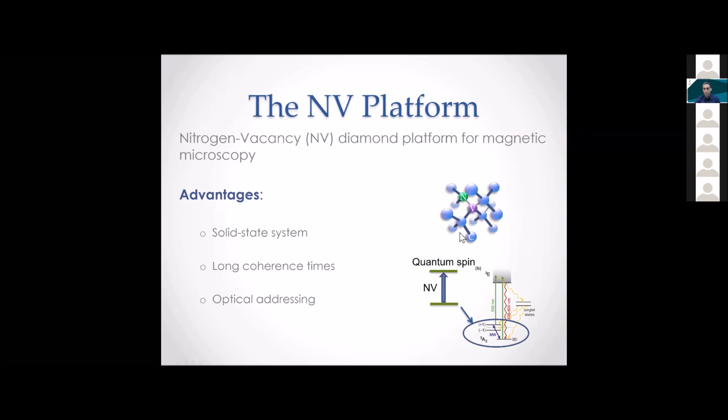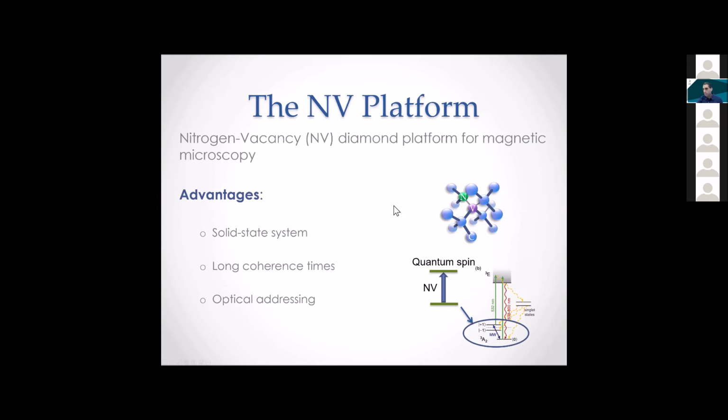We're talking about the nitrogen vacancy, a localized atomic defect within diamonds. This is a cartoon of the diamond crystal structure with the blue circles depicting carbon atoms, and the substitutional nitrogen and nearby vacancy comprising the NV defect.